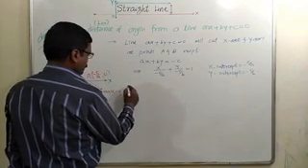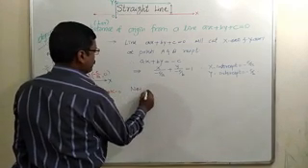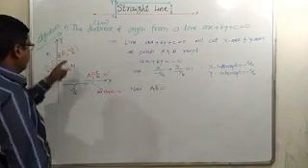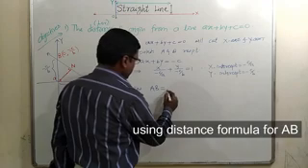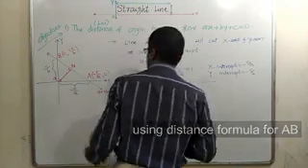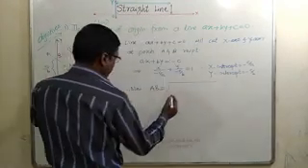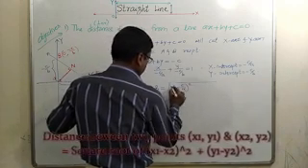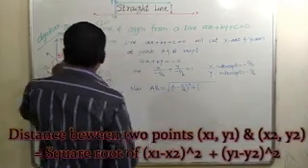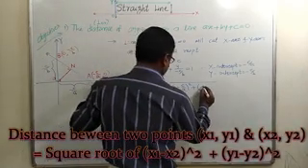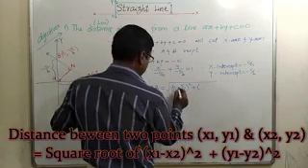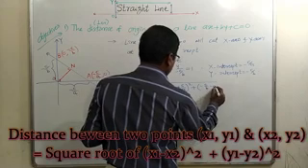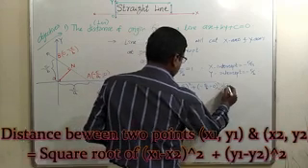Now AB is equal to, by using these coordinates, difference between x coordinates, that is 0 minus c upon a, bracket square, plus this minus 0, that is minus c upon b minus 0, bracket square, that is equal to under root.